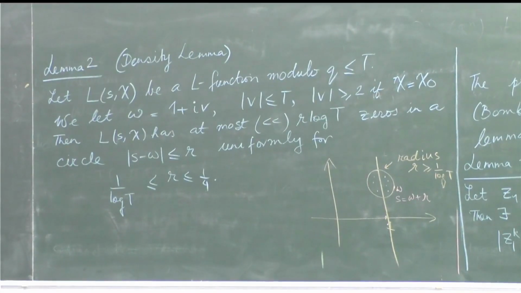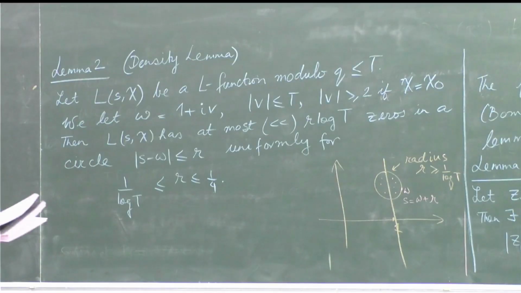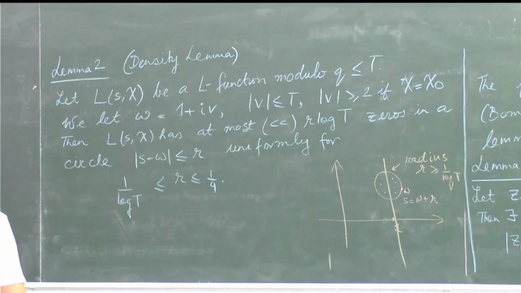So if |s minus W| is less than half, then what do we have? Proof of Lemma 2. So in this region, |s minus 1| less than or equal to half, what do we have?